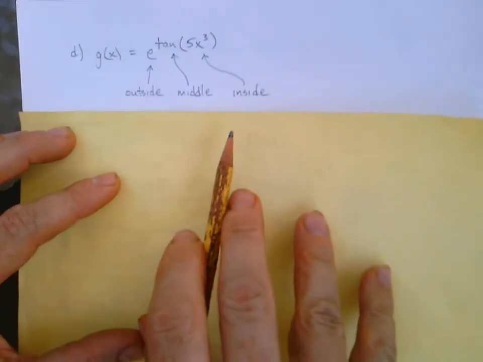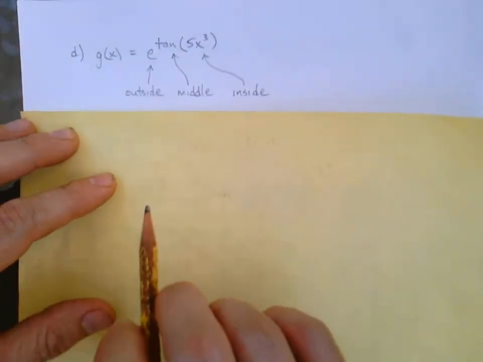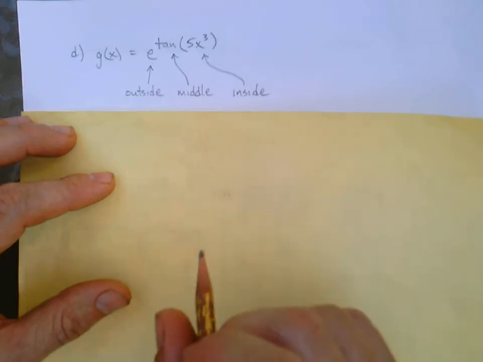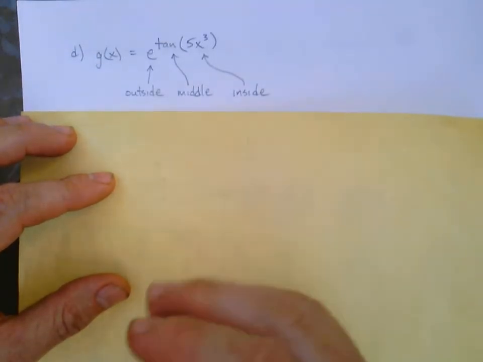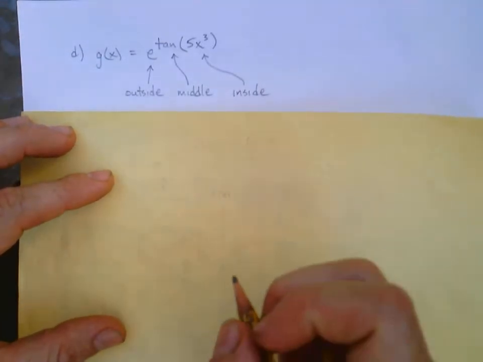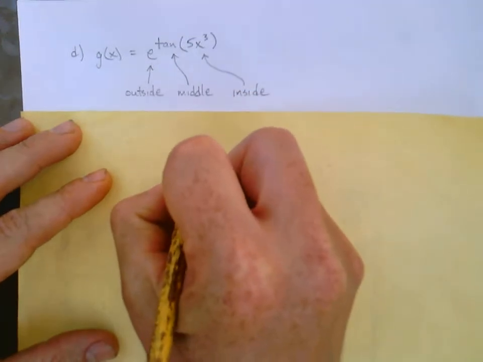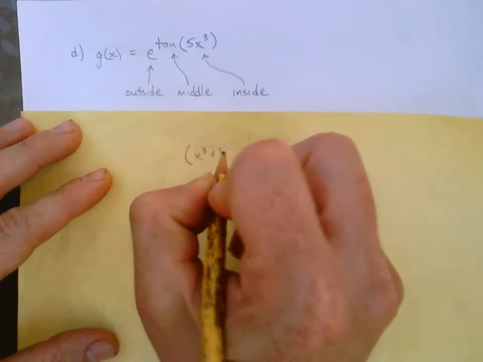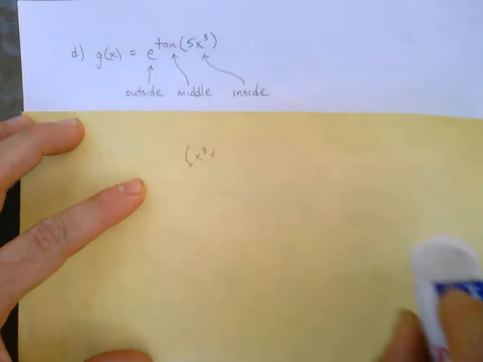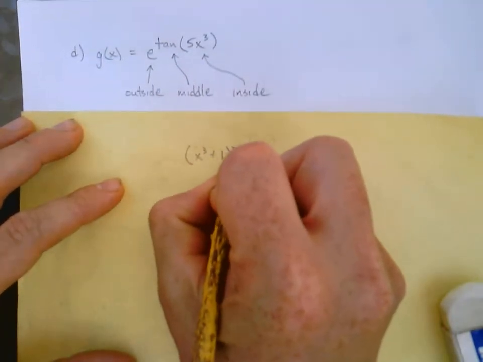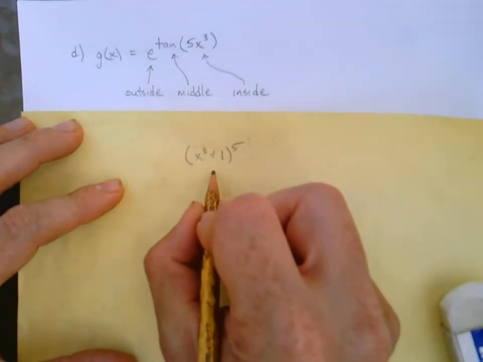Now, this can throw people. We just saw some examples with powers, and it was always the power, the exponent, that was on the outside. So that very first example we did, x to the third plus 1 to the fifth, that felt like the opposite.